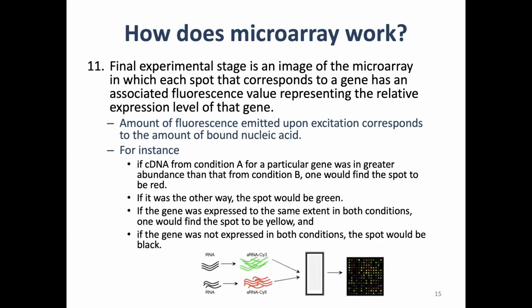Here, if cDNA from condition A for a particular gene was in greater abundance than that from condition B, which is red dyed, the spot would appear red. If it was the other way, the spot would be green. If both are expressed at the same level, it would be yellow. And if none of them were expressed, the spot would be blank, dark black.